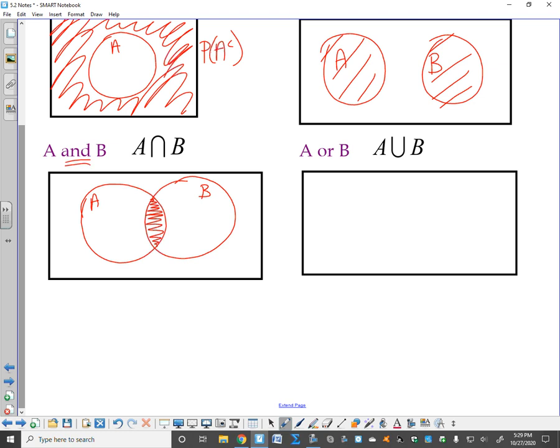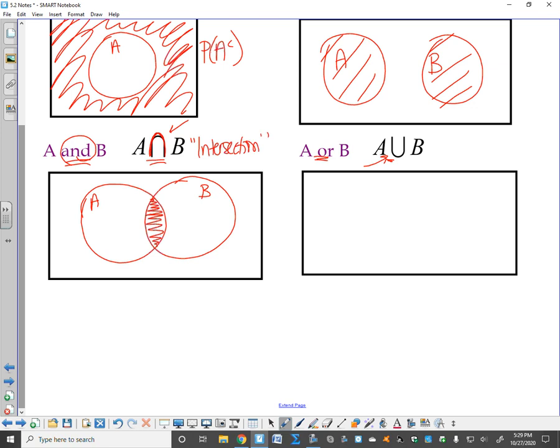That's and. Now notice we have this cute little horseshoe symbol looking thing, and then over here it's flipped upside down. So and is this symbol, looks like an N with no backbone, and or looks like a U. This horseshoe looking thing that kind of looks like an N is called intersection.